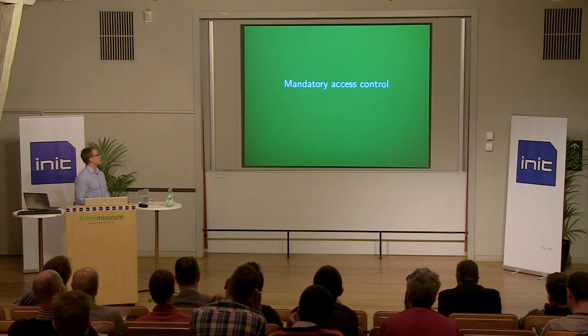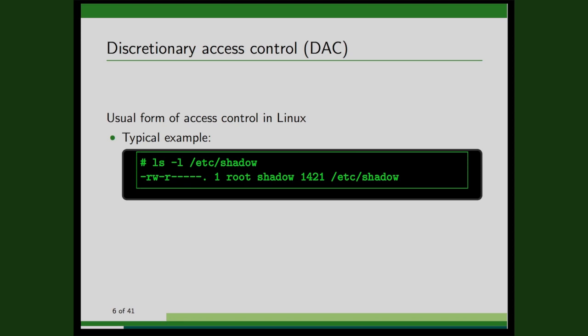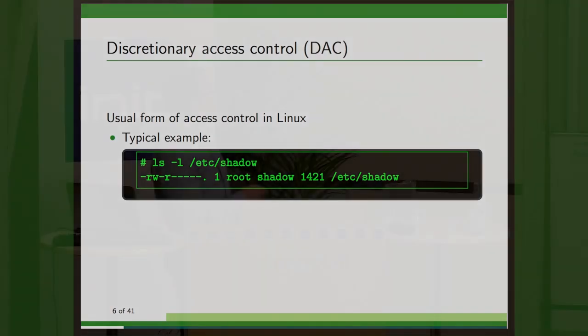So let's get started with mandatory access control, because it's probably not a term that everyone is familiar with. If you want to talk about mandatory access control, then it's useful to talk about discretionary access control first. This is the usual form of access control that you know on Linux. So if you list a file, then you see that it has an owner, it has a group, and it has certain permissions.